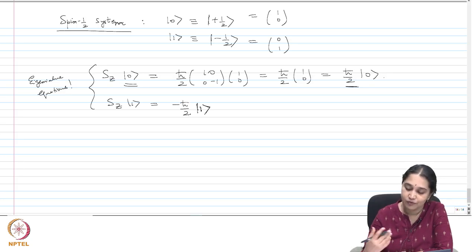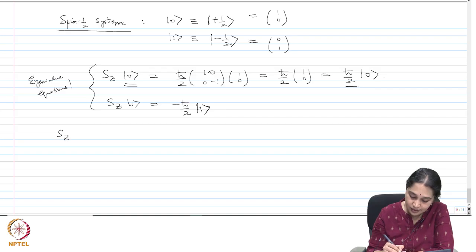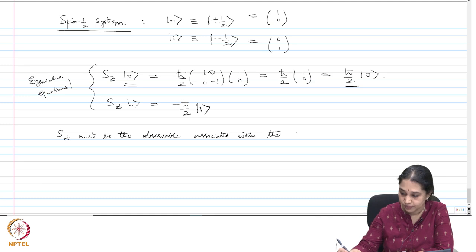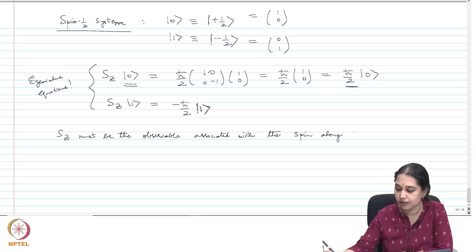So now we can make the physical association that Sz must be the observable associated with the spin along a particular direction. Since I call this z, let's just say the spin along the z direction.